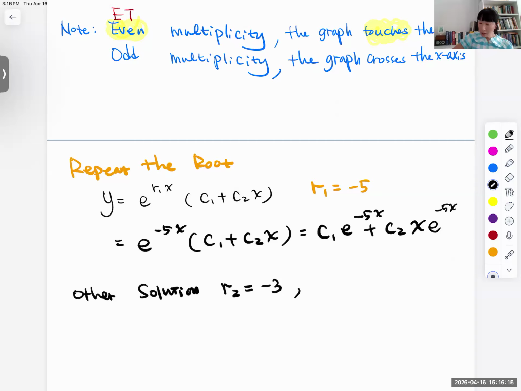Then we express this one, since we are using c sub 1, c sub 2 previously, so let's use c sub 3. y equal to c sub 3 e to the -3x.